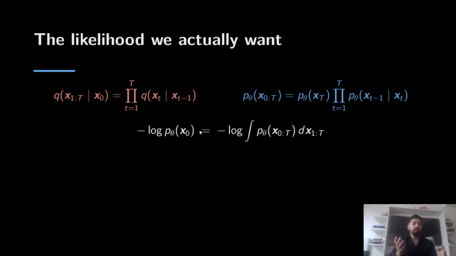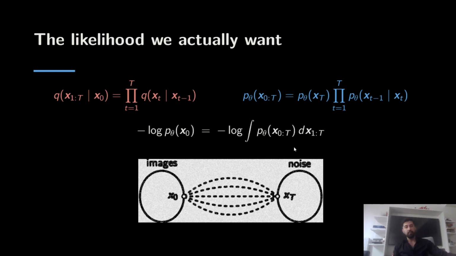It's just how well did our model get an actual image given pure noise. And x0 can be written as p theta of x0 is basically p theta of x0 till t multiplied by every integral possible.